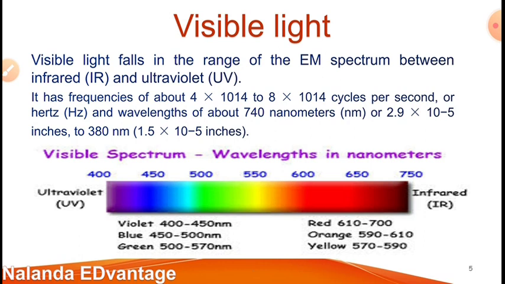So white light consists of all those 7 components, violet, indigo, blue, green, yellow, orange, red, which you see as a rainbow. Whenever there is rain and you see a rainbow, you find these colors, which we call VIBGYOR. So basically visible light disperses in the medium into these 7 colors of the spectrum.